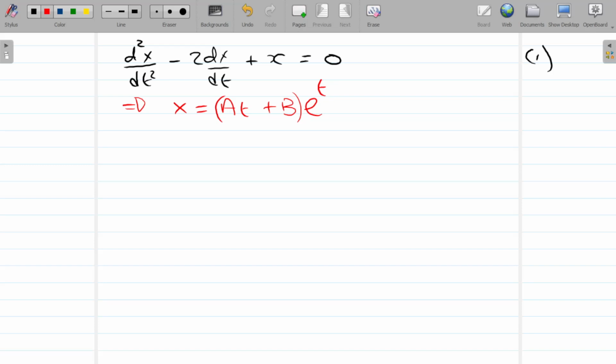Now, we know that's a solution, so at least that's something with which we can compare the solution we're going to get via the Wronskian to make sure that we're correct.